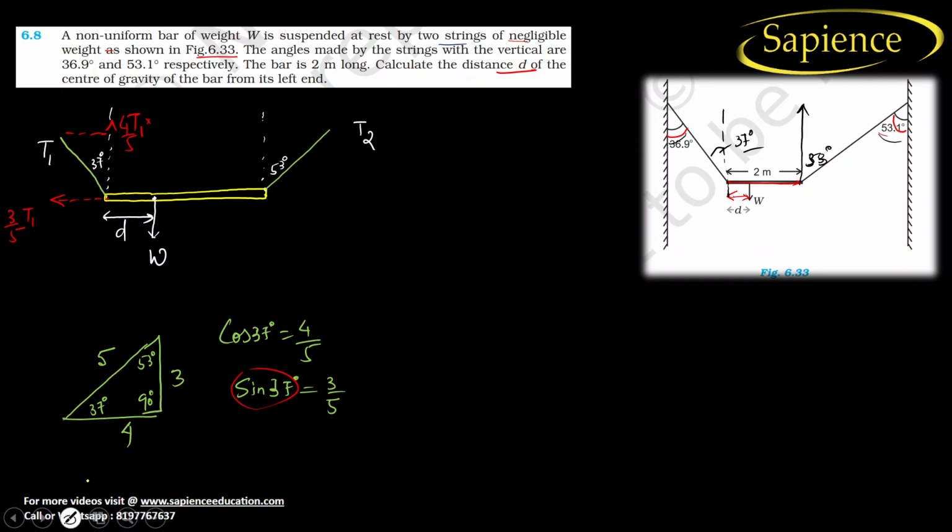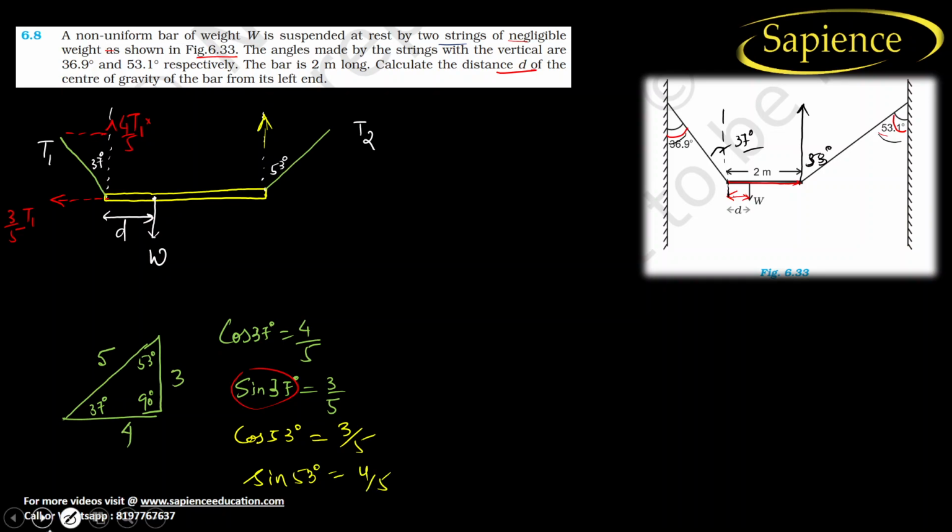Again we can break the component T2. Here T2 has a base side, so cos 53 degrees is equal to 3 by 5, and sine 53 degrees is equal to 4 by 5.